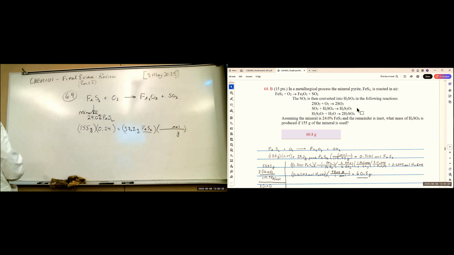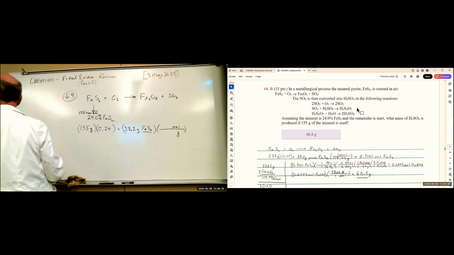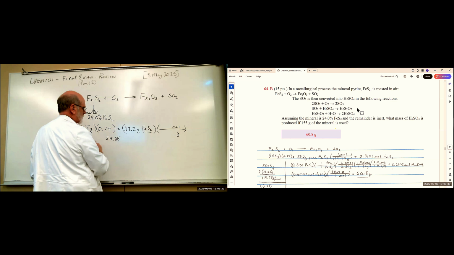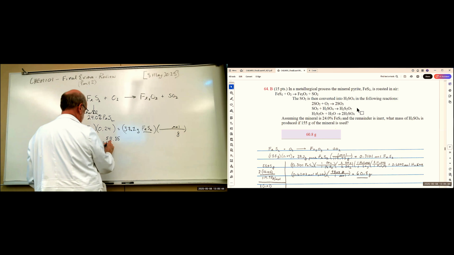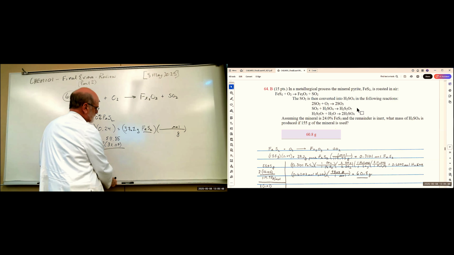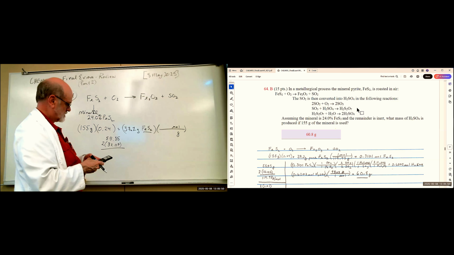Iron is 55.85 grams per mole, and 2 times sulfur, 32.07, will give us the molar mass of pyrite.